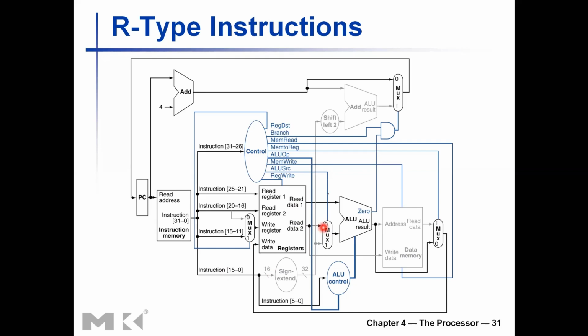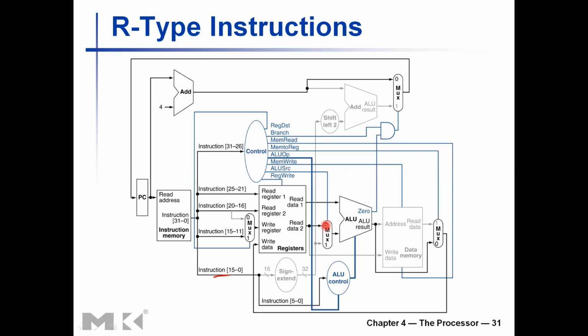So if we produce a 0 along that control line, we'll take the 0 input of the multiplexer, which is the register file output. If we produce a 1 here, we will take the immediate value input into the multiplexer and send it to the ALU.